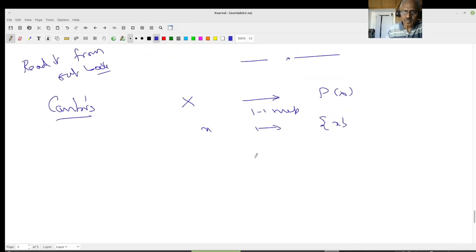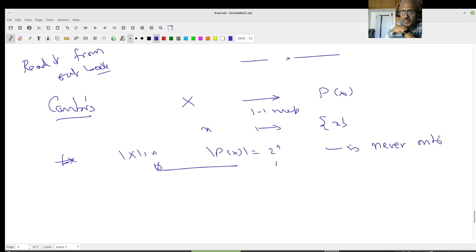Now suppose X is finite, let us say X has n elements. Then all of you know P(X) has 2^n elements. Even for n equal to 0, the empty set, P(X) has 1 element. You understand that? So we know this map is never onto, at least in the finite case.